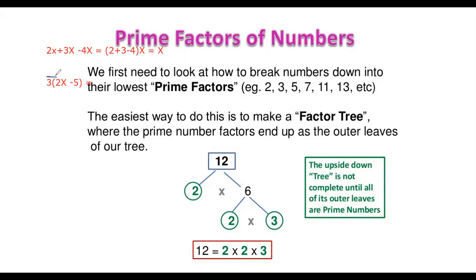So we have, this is the first one, 2 times 3, and then we have the second one, 2 times negative 5. So the answer will be 2 times 3 equals 6x minus 3 times 5 equals 15. So this is how we can simplify a number before the parentheses, and this is what we already studied in the first part of lesson 6.1.